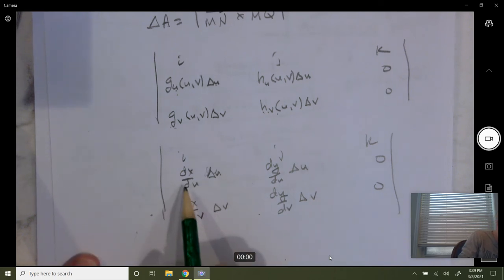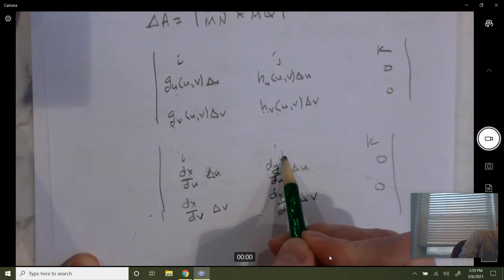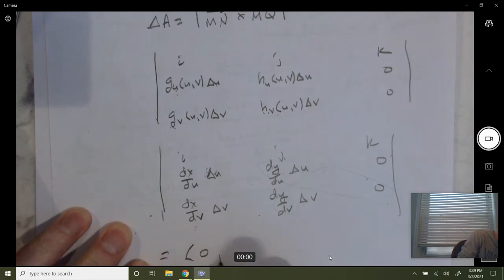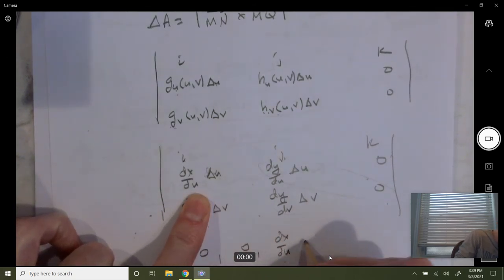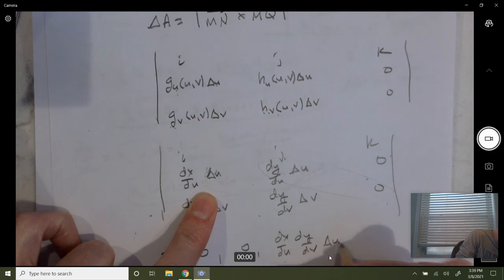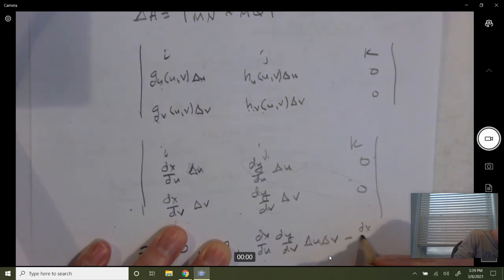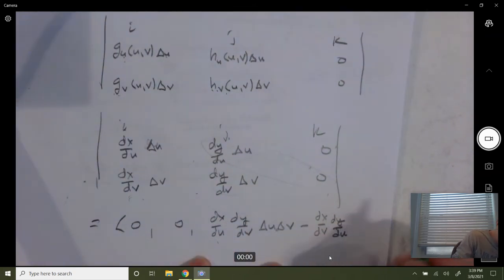Okay, now doing this cross product, we're going to get the I times this minus this, which is 0, minus j times this minus this, which is 0. So we get a 0, comma, 0, comma. In the k direction, we get this and this. So we get a dx du times a dy dv delta u delta v minus, and then we get this thing, dx dv dy du times your delta u delta v.